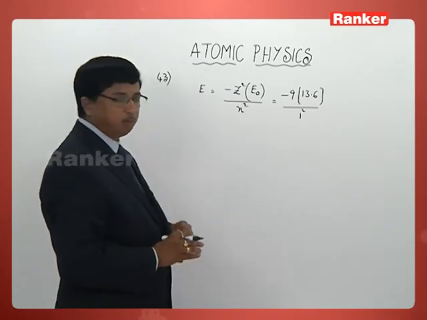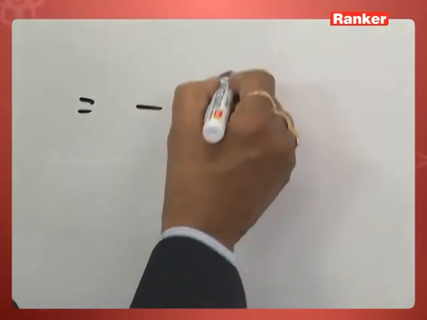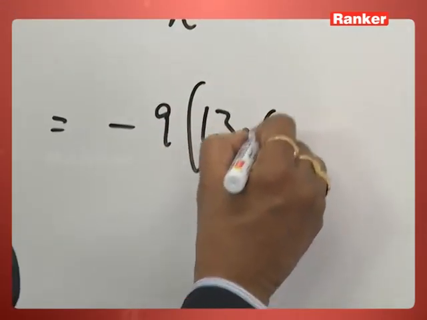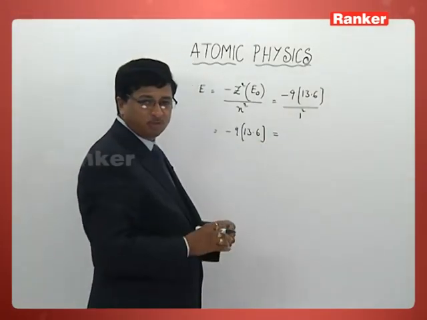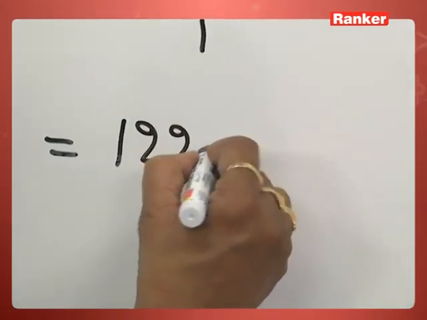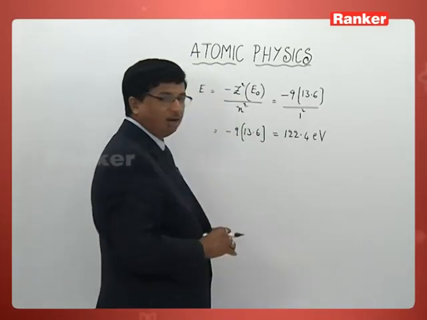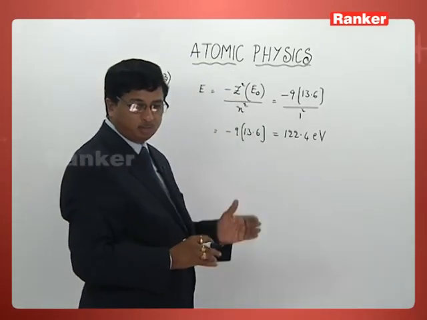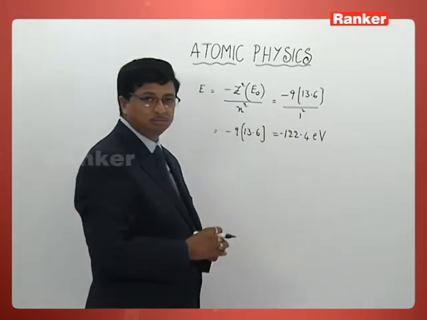Now what are you getting directly? It is minus 9 times 13.6. How much are you going to get? Exactly 122.4 electron volt, with of course a negative sign, no doubt.